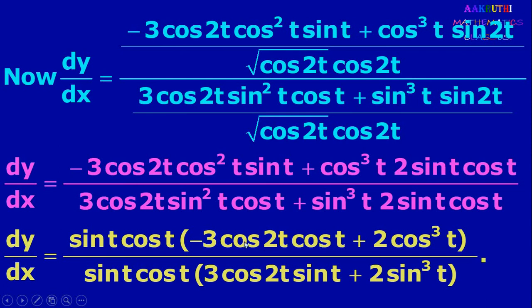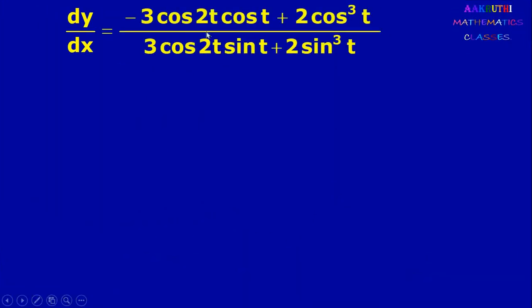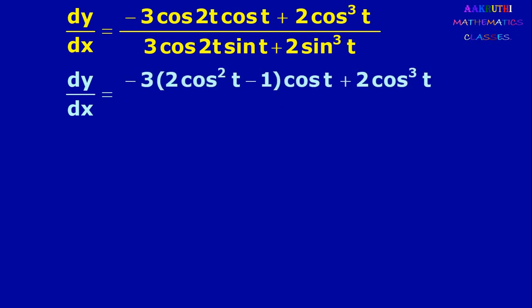And here also again we can expand cos 2t. dy by dx is minus 3 cos 2t cos t plus 2 cos cube t divided by 3 cos 2t sin t plus 2 sin cube t. Here again we can expand cos 2t, but for cos 2t we have 3 formulas. In the numerator we use cos, and in the denominator we use sin. So we can write dy by dx equal to minus 3 as it is. Cos 2t can be written as 2 cos square t minus 1.